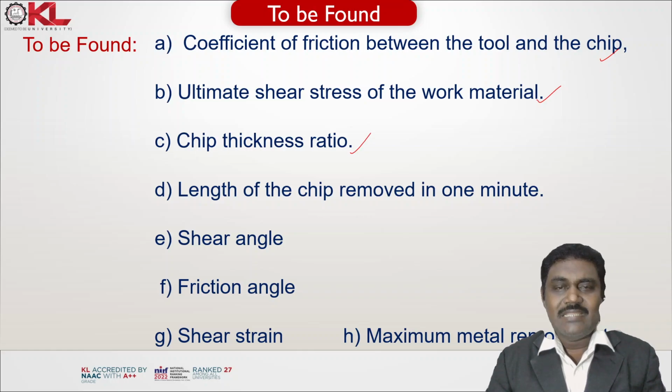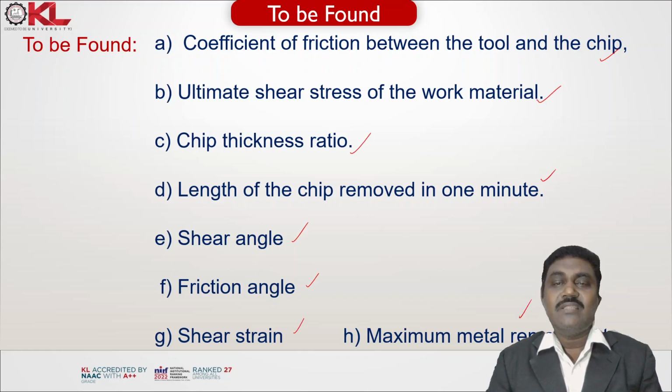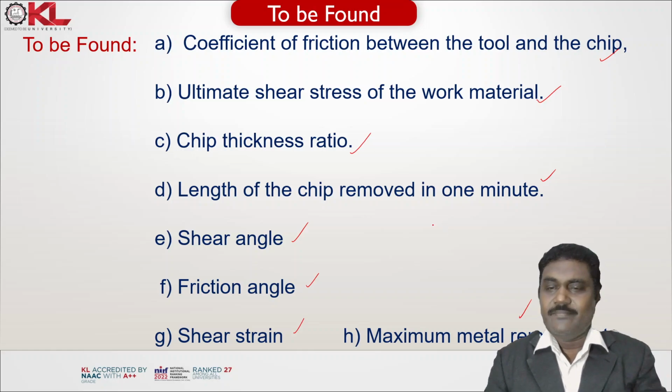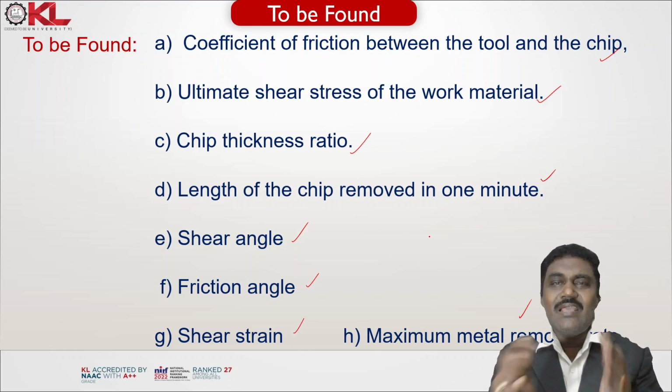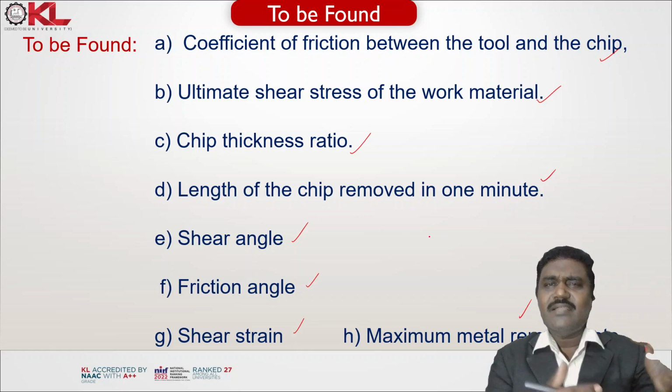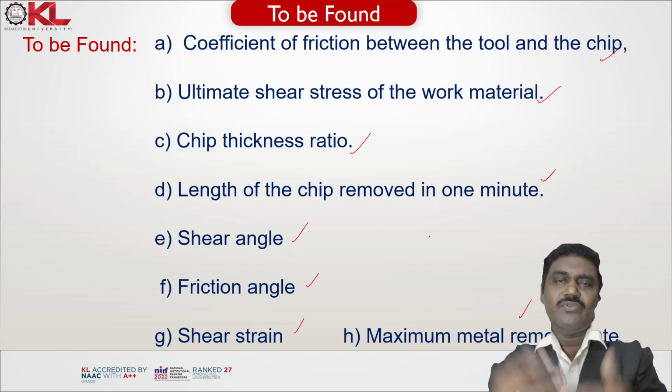Then the length of the chip removed in 1 minute, and next the shear angle, the friction angle, shear strain, and maximum metal removal rate. So these are the items you are going to find out from the given data. Now you can clearly understand what data is given and what we are going to find out.